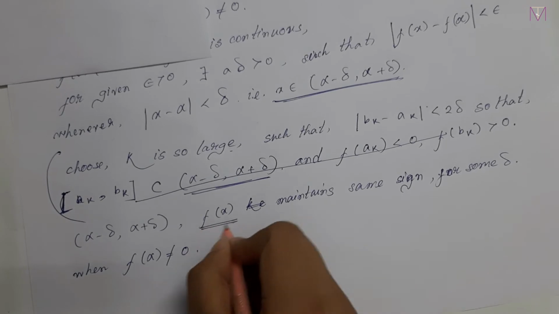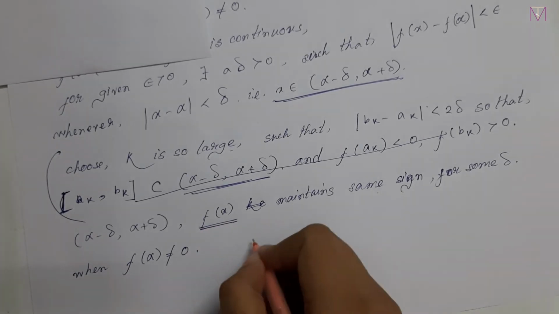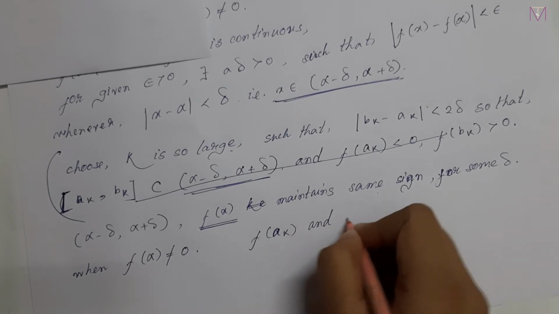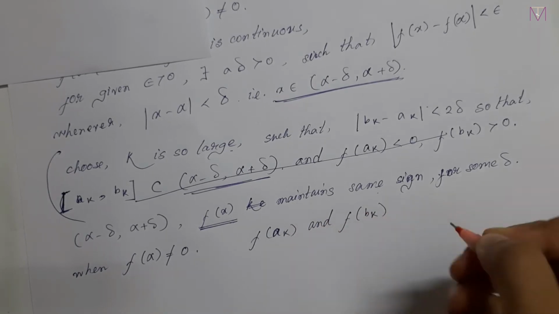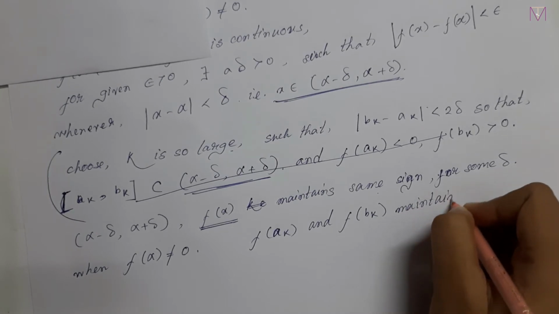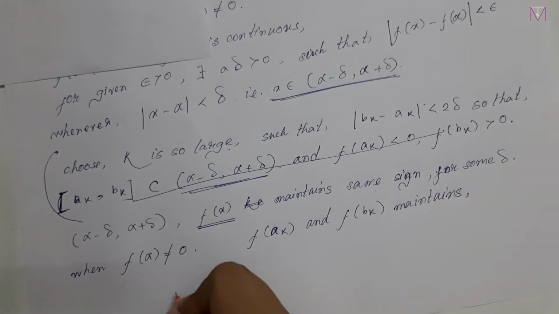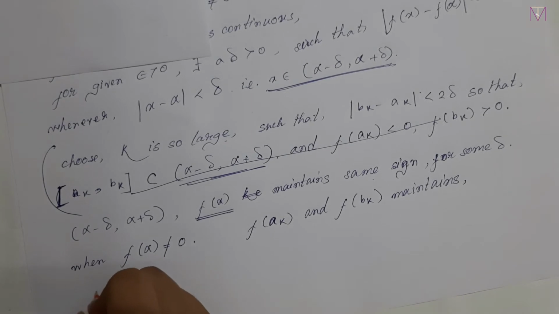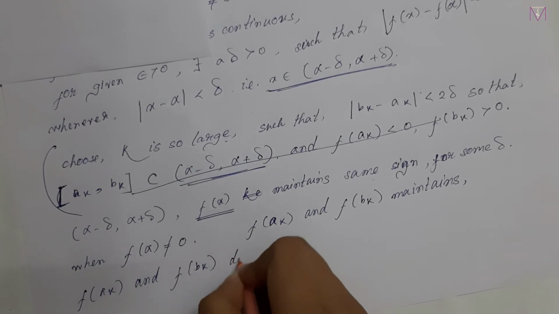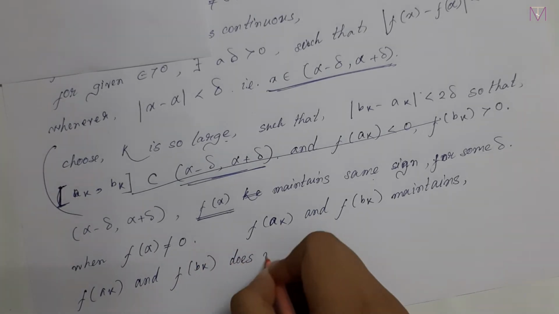So if all f of x maintain the same sign, then obviously ak and bk maintain the same sign, and then we can say that f of ak and f of bk do not differ in sign.